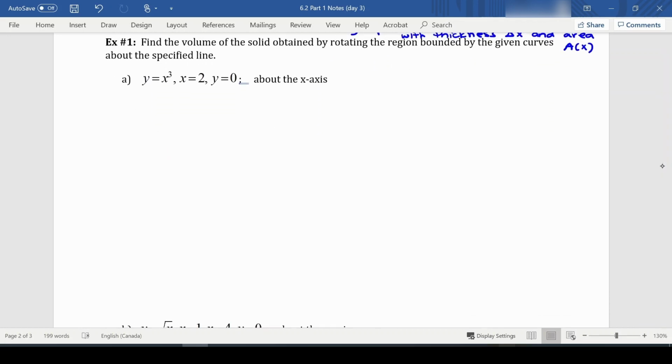Okay. We're going to find the volume of the solid obtained by rotating the region bounded by the given curves about the specified line. We're going to start by drawing this. We're going to draw the area that is bounded and then draw what the object might look like, and use that to help us write our integral.